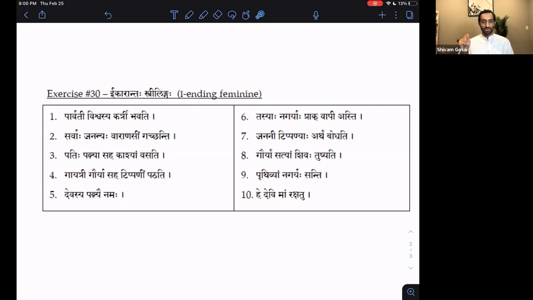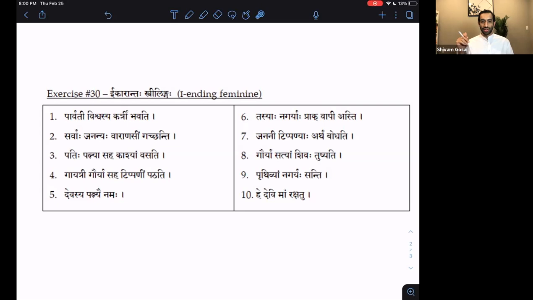Okay, number 2. Sarvaha jananyaha varanasim gachanti. So you have to see there's 2 ikaranta words. The second word, jananyaha, and the third word, varanasim. Jananyaha comes from janani, which means mother.